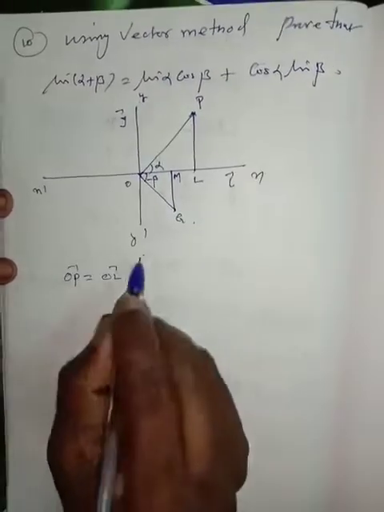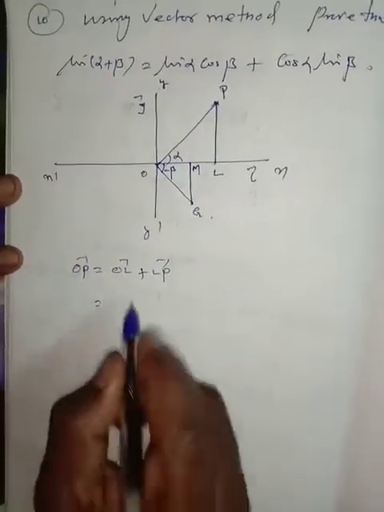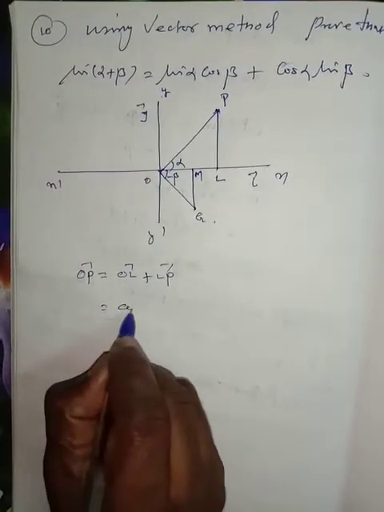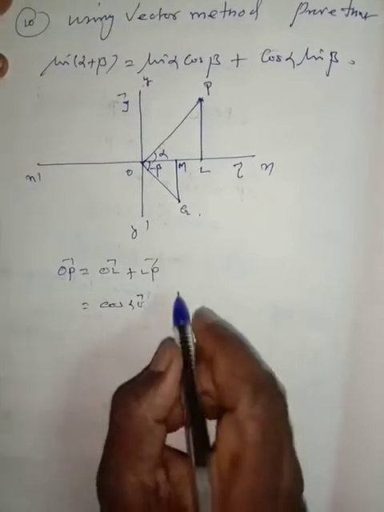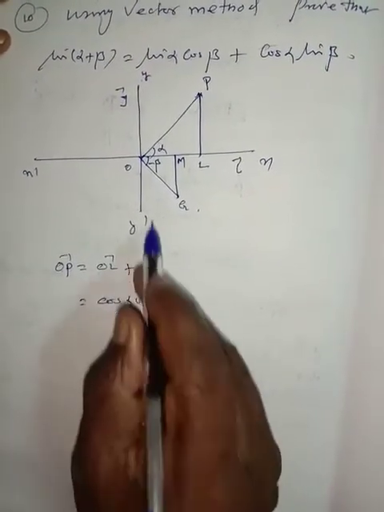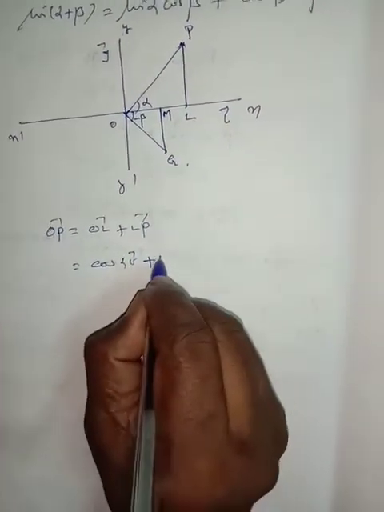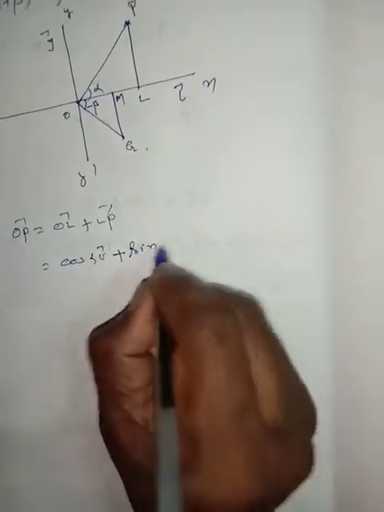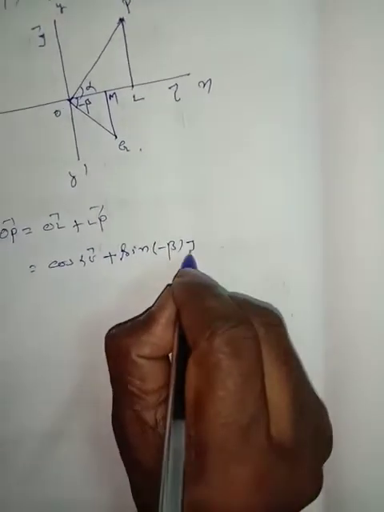OL vector is cos alpha i vector. The angle is negative, therefore plus sin of minus beta j vector.